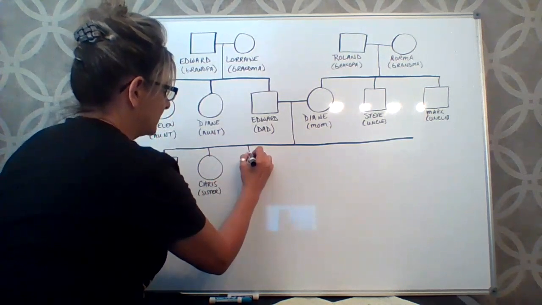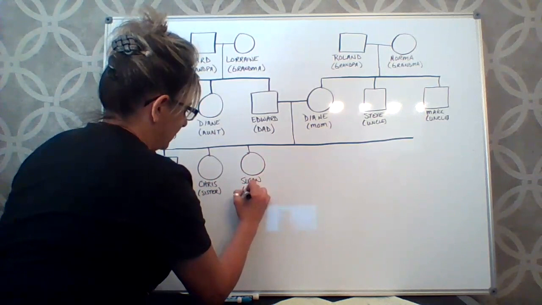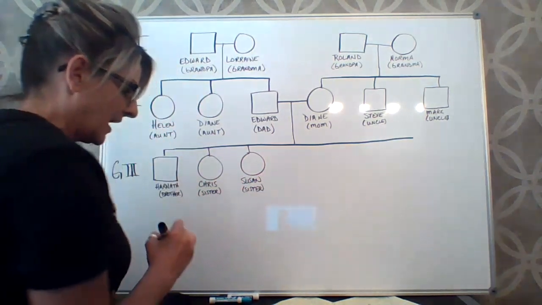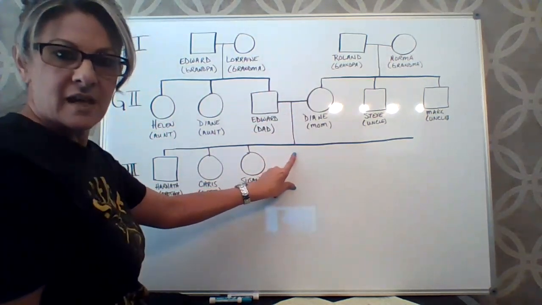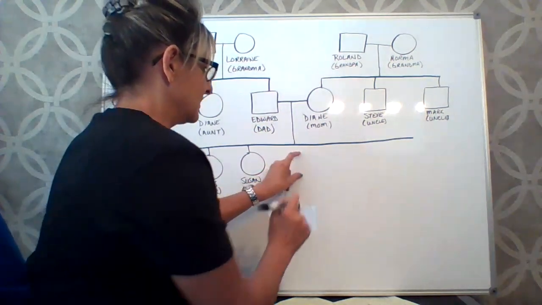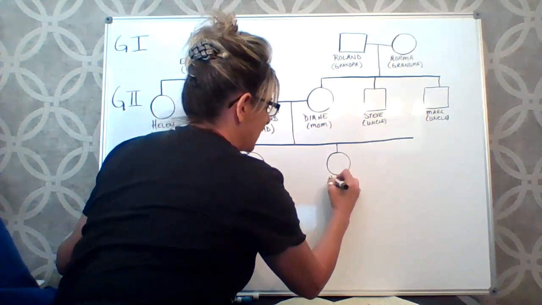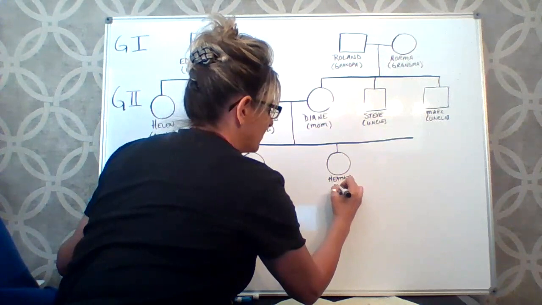And then I have another sister. This is Susan. Sister. And next up would be me. I'm going to leave a space here, and that's because I'm eventually going to add in my husband, and I want to have room to add him in. So I'm going to just leave a little bit of a space there and put myself here. So this is Heather, which is, of course, me.